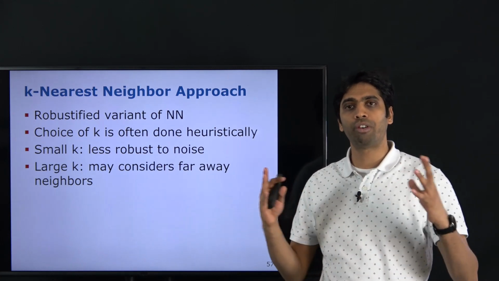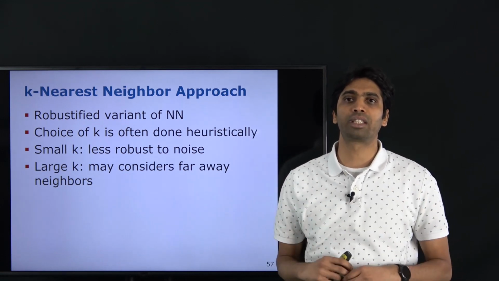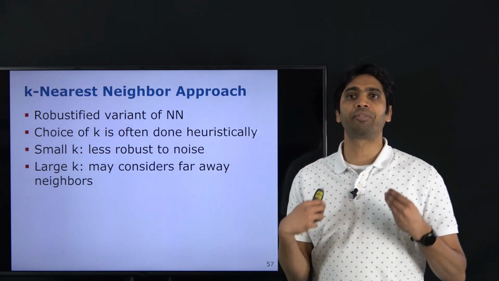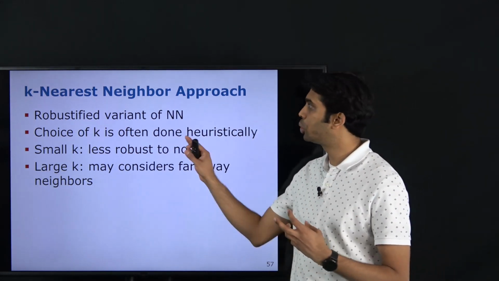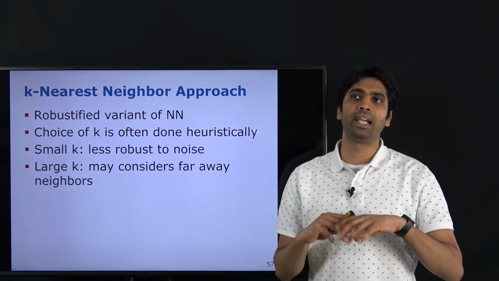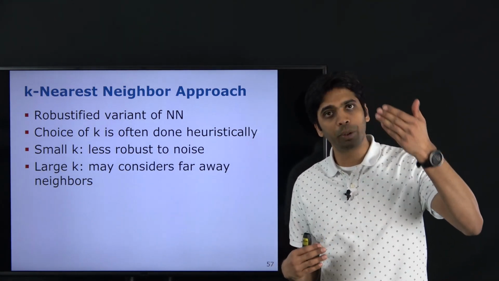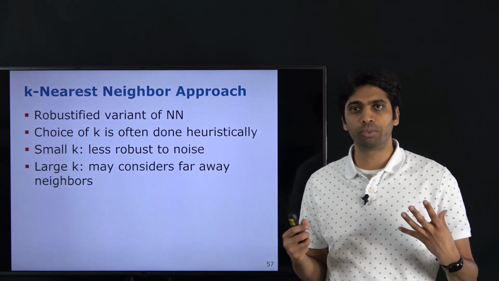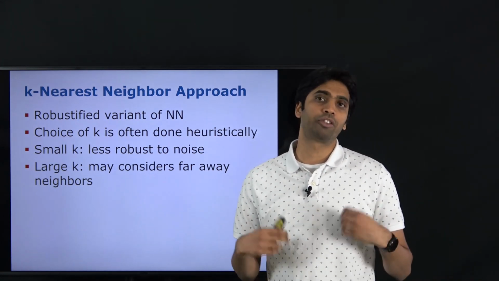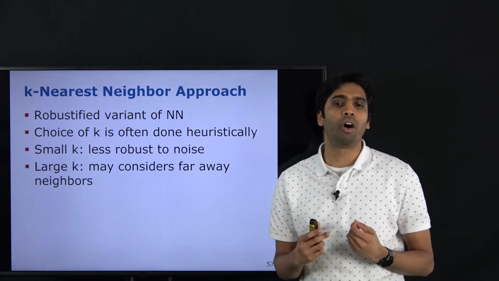Whereas if we take too large a K, even points which are much farther away might be classified as a different class. So we have robustified it, but we have this extra cost of choosing K well. Often this is a design parameter that one has to play with, using different values of K, computing the performance metrics that we introduced before, and figuring out which K works best for my application. It's one more step, but it does help in general to improve the robustness of our system.